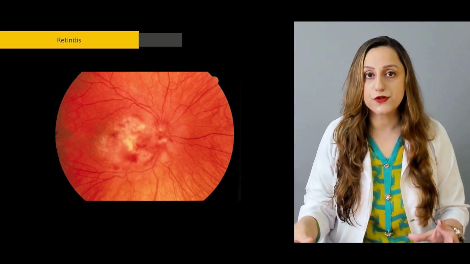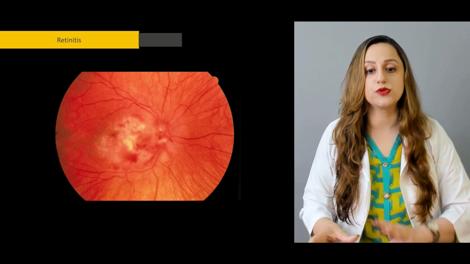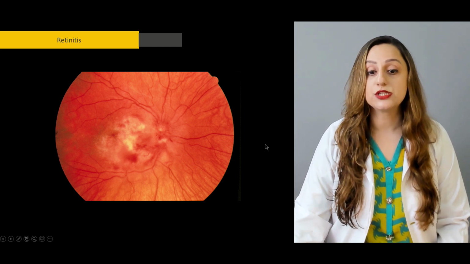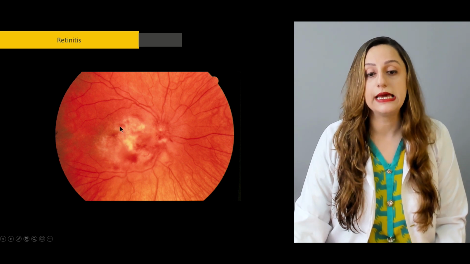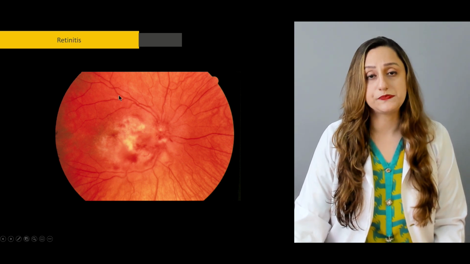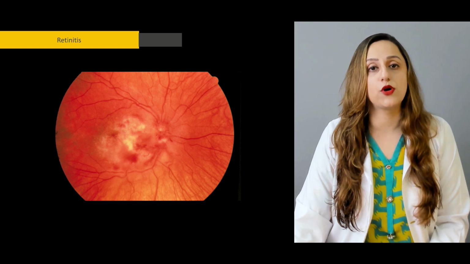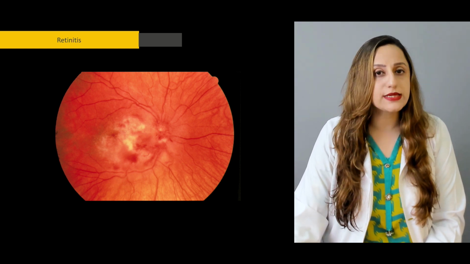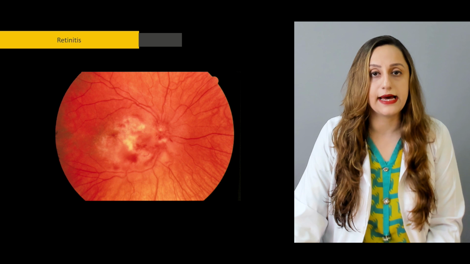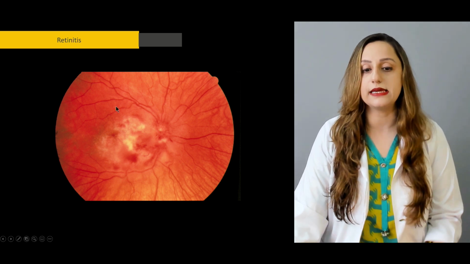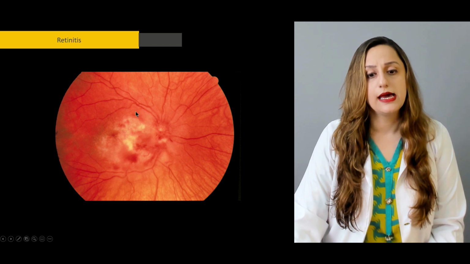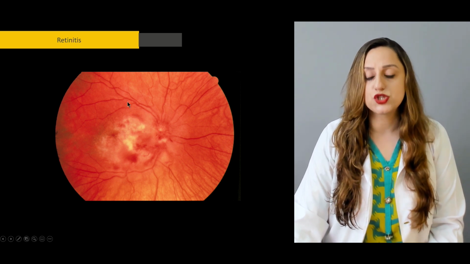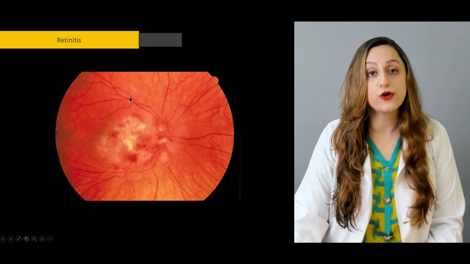Once you have observed the optic disc and moved on to the macula, now you're going to focus on the vascular structures. It's very important to note any abnormality in the vasculature of the retina. Are the vessels accentuated? Are there any tortuosities?